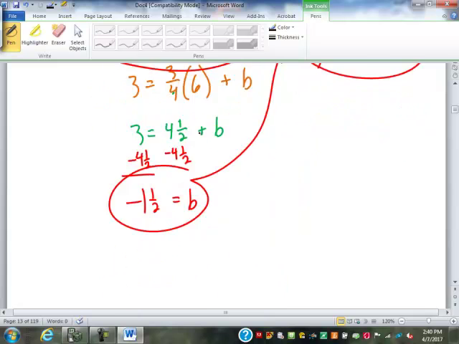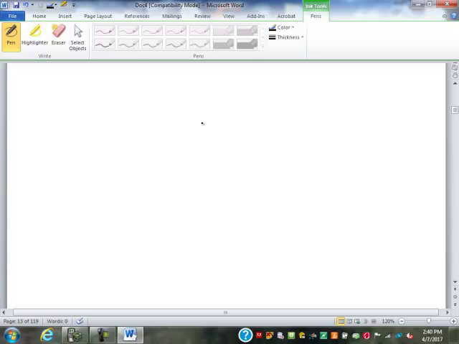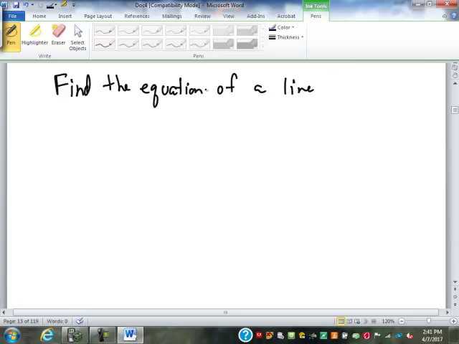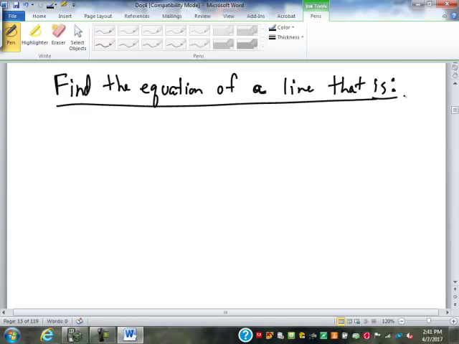Yeah, okay, good. So then what we're going to work on, our next step today with these parallels and perpendiculars, is we're going to work on things like this. If I want to find the equation of a line that is, now we're going to assume this phrase is starting off every problem we're going to do for the next several minutes, so I don't have to rewrite that phrase every time.